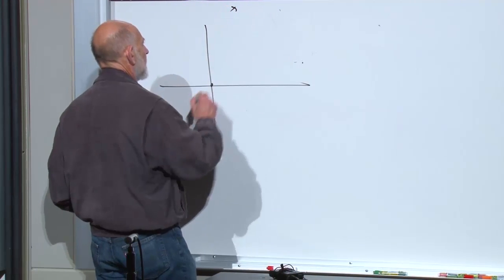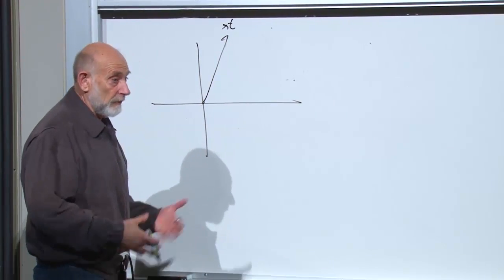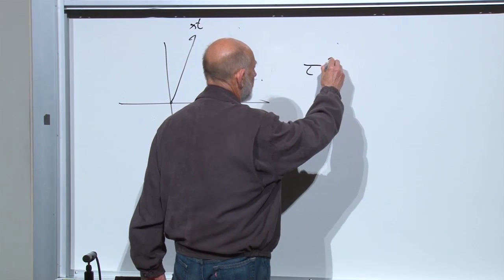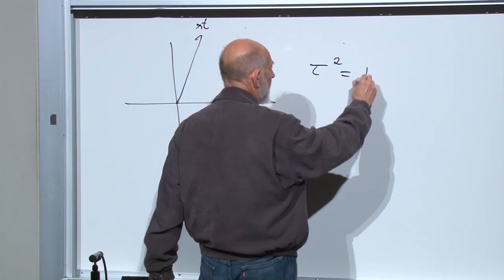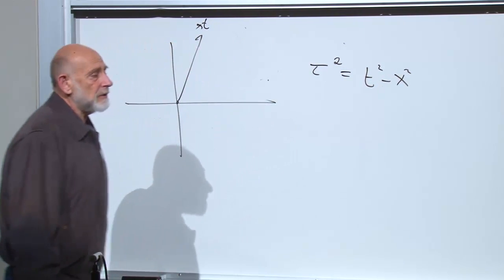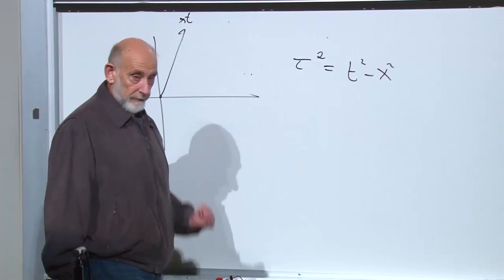The proper interval between them is called tau, and it's defined by tau squared is equal to t squared minus x squared. And the important thing about it is it's the same in every reference frame.